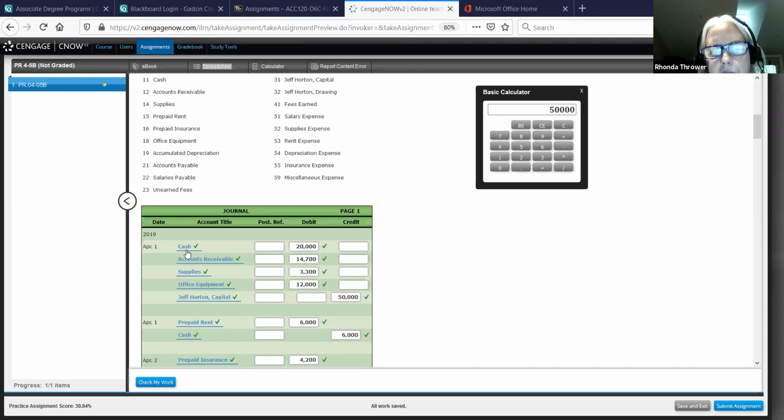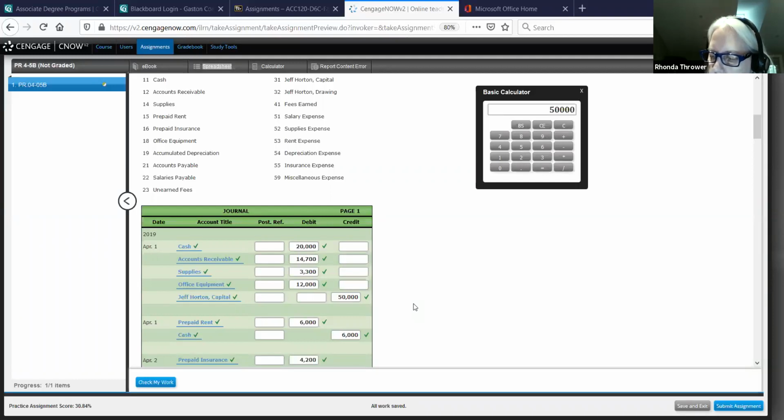This is cash. We've got to record that in our ledger account, and the amount is $20,000. So if you'll bear with me just a second, I'm going to write these down, and I hope that you can see what we're doing here. That might not be the best idea in the world, but I'm going to try to do this with you like this.